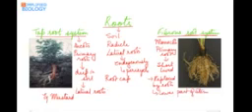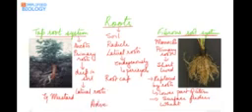These are much branched roots that do not go deep into the soil. They are surface feeders. Example of which is wheat. Now, roots that develop from any part of the plant other than the radicle are referred to as adventitious roots.